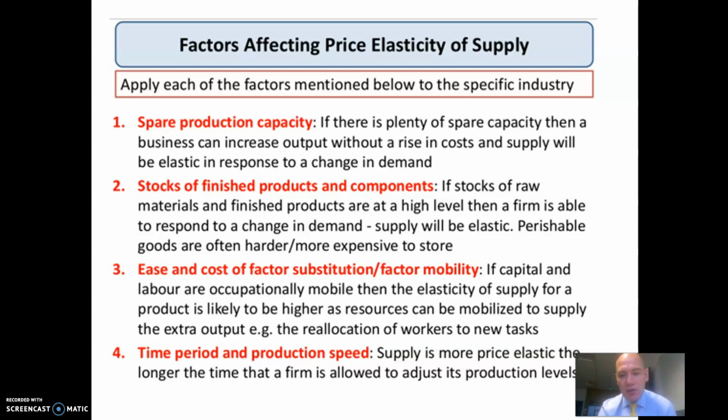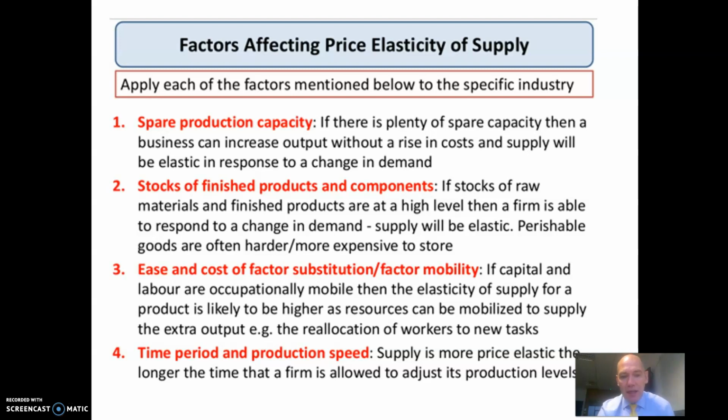Now, some goods, think about agricultural goods, ones which are perishable, which means they go off, or they are more expensive to store, perhaps they need higher refrigerated costs and so on. So that would make supply less elastic. It would make it inelastic, because it's difficult to store.